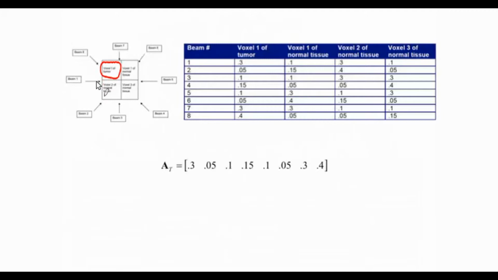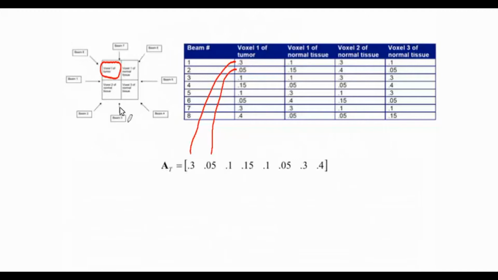And if you look at what it absorbs from beam 1, the tumor voxel absorbs 0.3. That's the 0.3 that's right there. Now let's look at beam 2. Beam 2 contributes to tumor voxel 1 0.05 of its weight. That's what we get there.